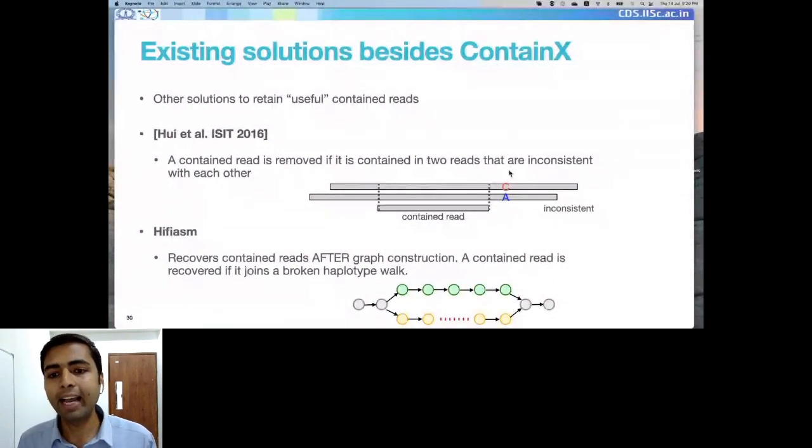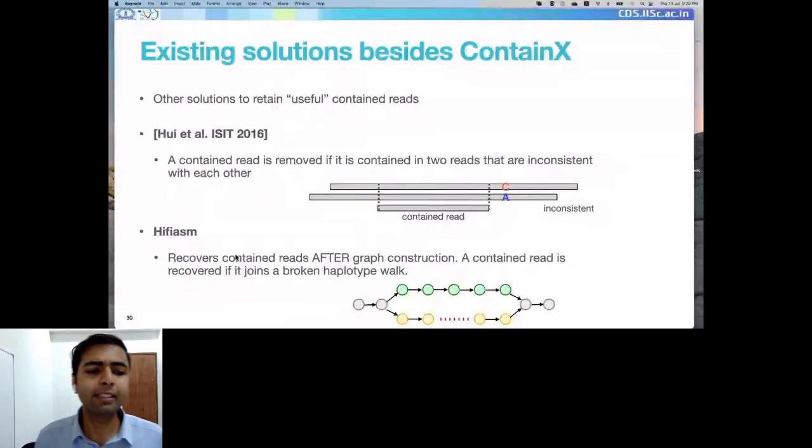By inconsistent, I mean that the two reads containing a particular read mismatch at a particular position. That makes sense because if they mismatch at a particular position, then they likely spell two haplotypes. So it's a reasonable heuristic that the contained read can be removed, because no coverage loss should happen if two haplotypes are spelled by other parent reads.